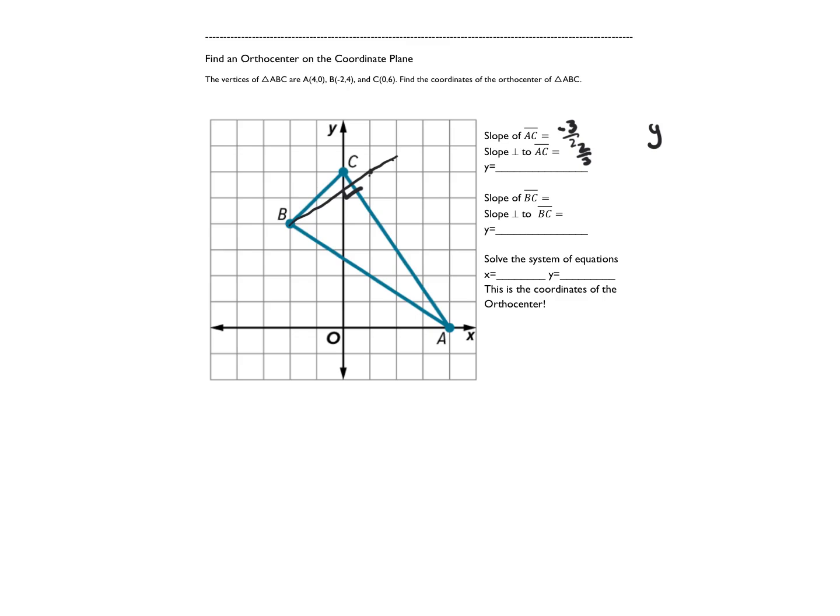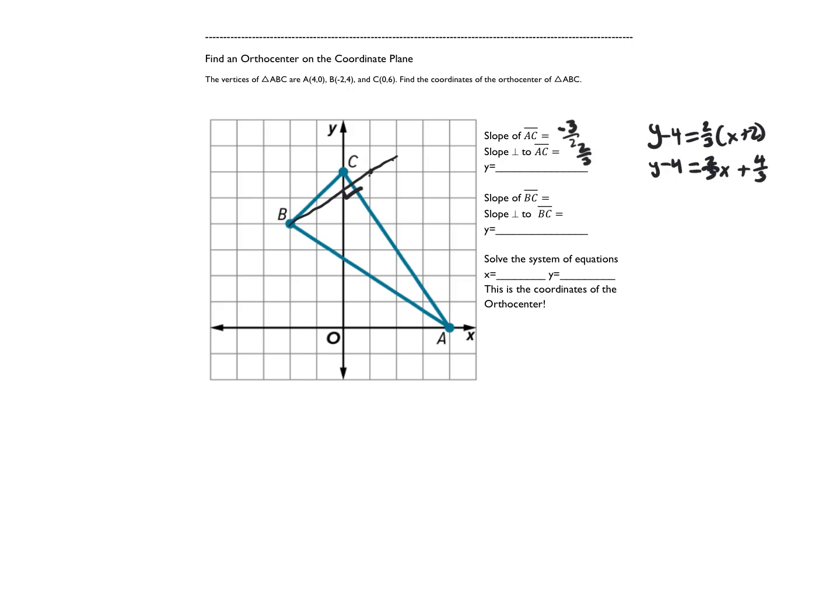It goes through point B, so it goes through negative 2, 4. So y minus 4 equals 2/3 times x minus negative 2, in other words, plus 2. So y minus 4 equals 2/3 x plus 4/3.